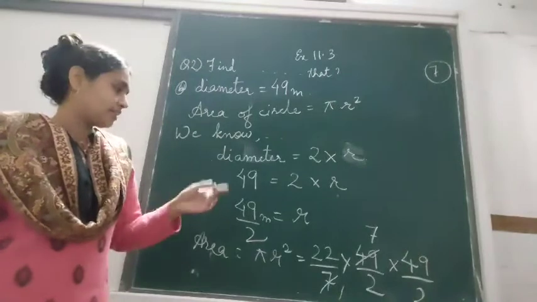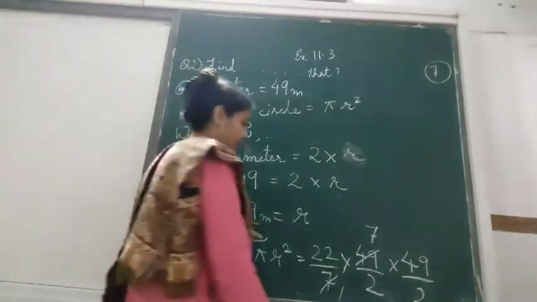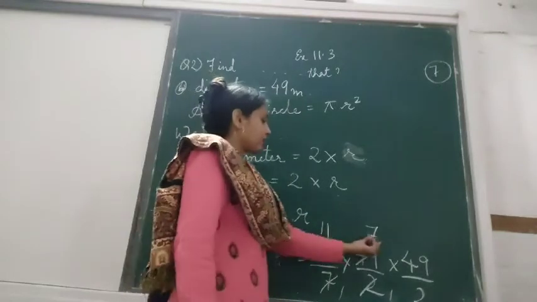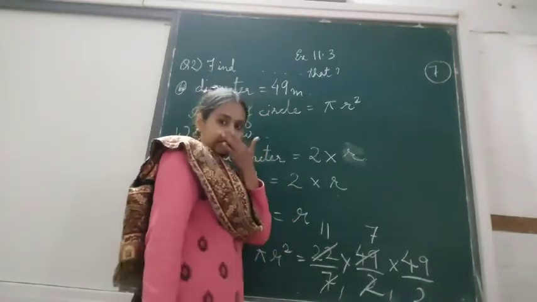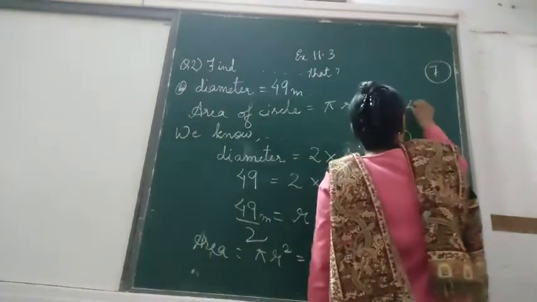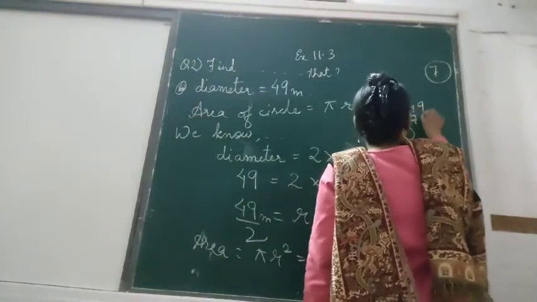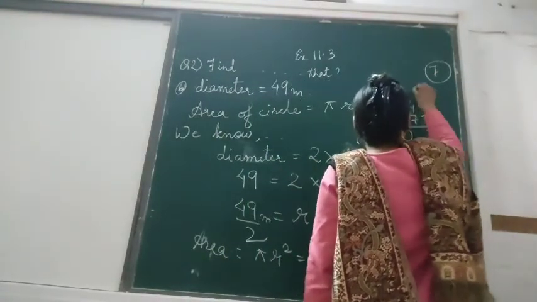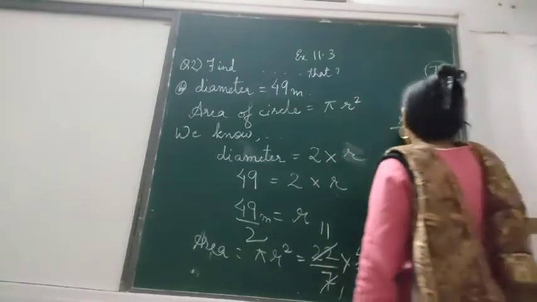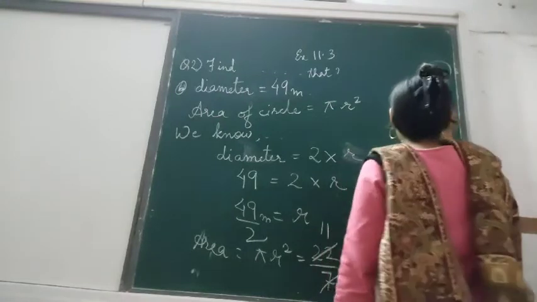We cancel 7 and 49. We reduce it, and 2 ones are 2, 11s are 11. Now 11 sevens give us 77. We multiply 77 and 49. 7 nines are 63. 7 fours are 28, 29, 30, 31, 32, 33, 34. And same will come.